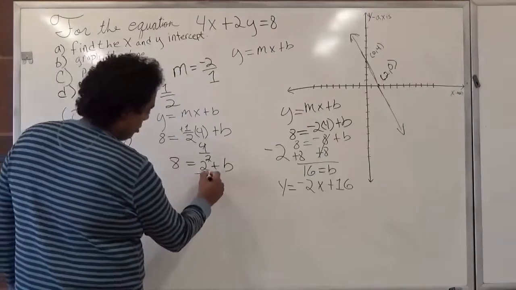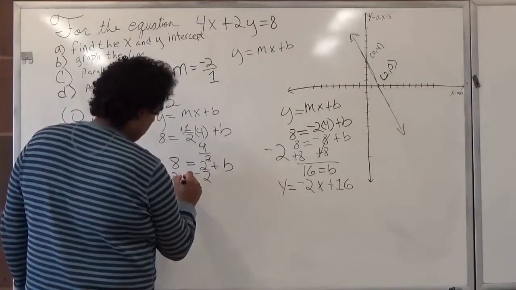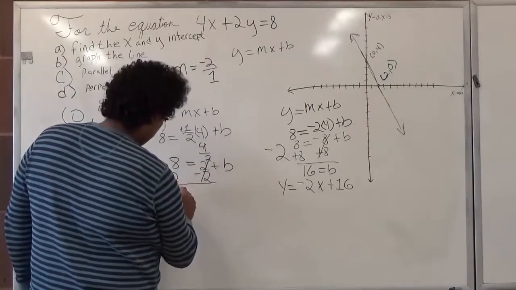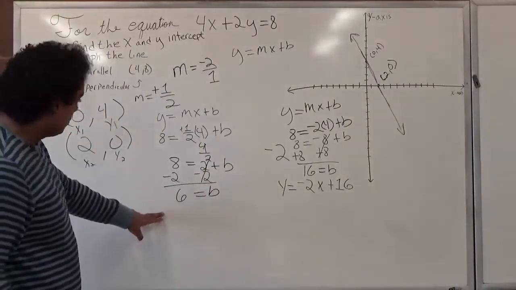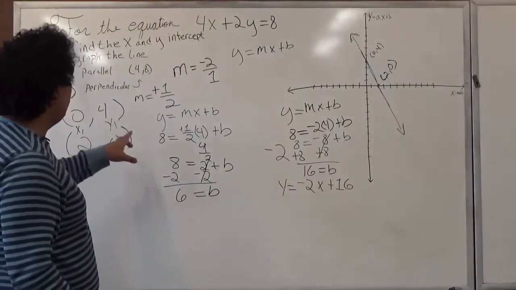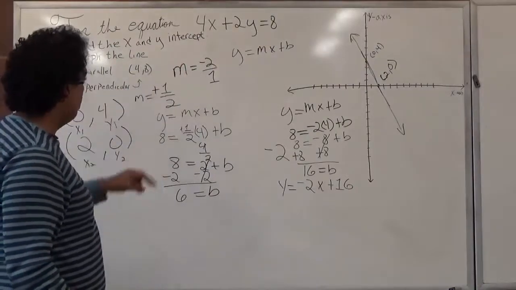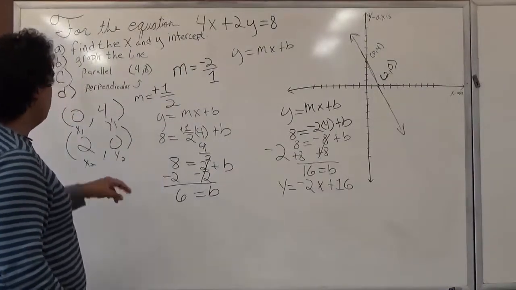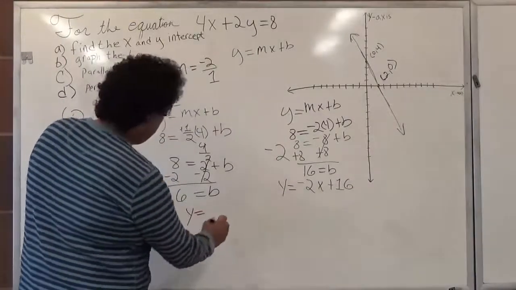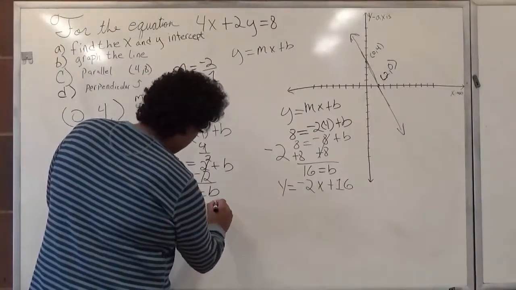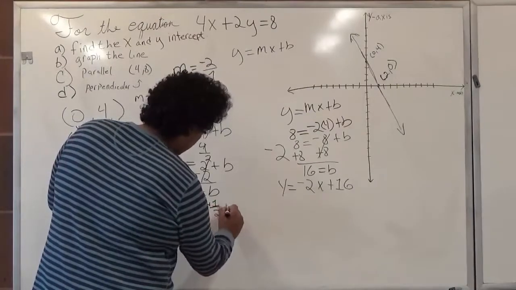So we're going to subtract 2 on both sides, and b is equal to 6. So the equation of a line perpendicular to the 4x plus 2y equal to 8 would be y equals positive 1/2 x plus 6.